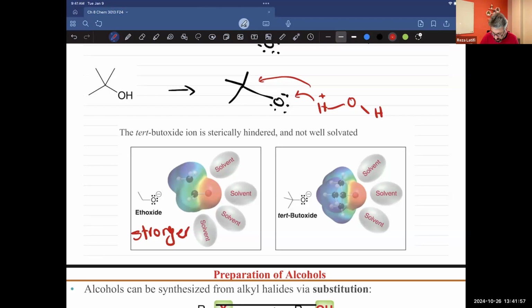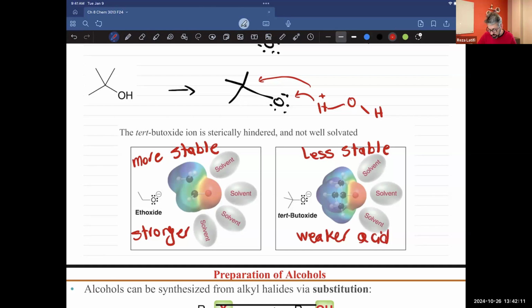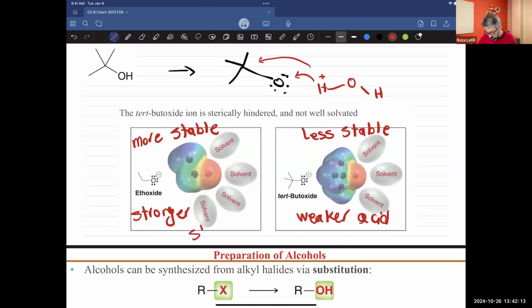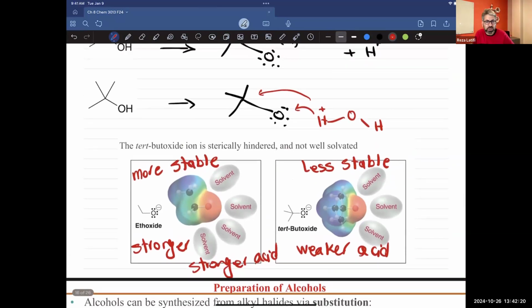So this one will be more stable, and this one will be less stable. If it's less stable, it will be a weaker acid. So that means ethanol will be a stronger acid. Okay, and this is going to be the end of this lecture. Thank you very much.